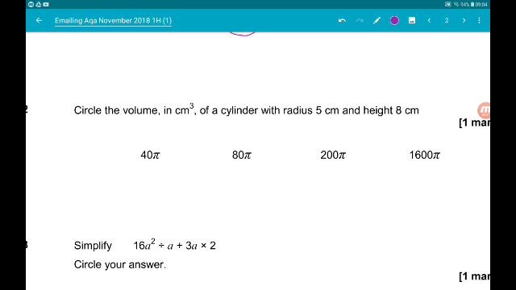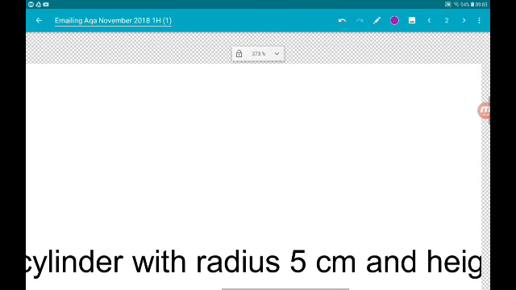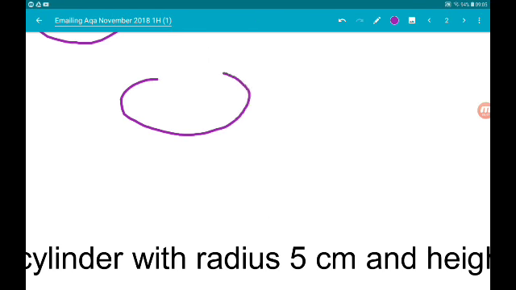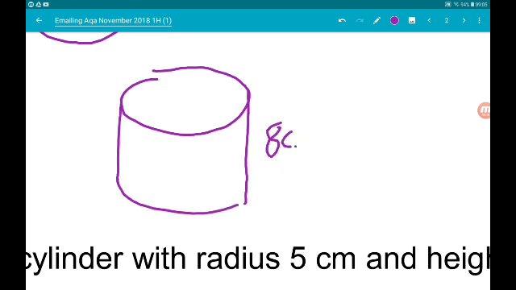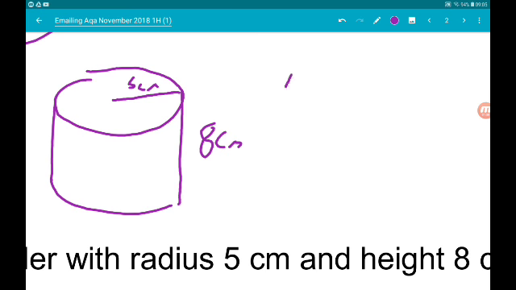Circle the volume in centimeters cubed of a cylinder with radius 5 centimeters and height 8 centimeters. Okay, so for a cylinder, we work out the area of the circle first. The area of a circle is pi times the radius squared, so here that's 25 pi.